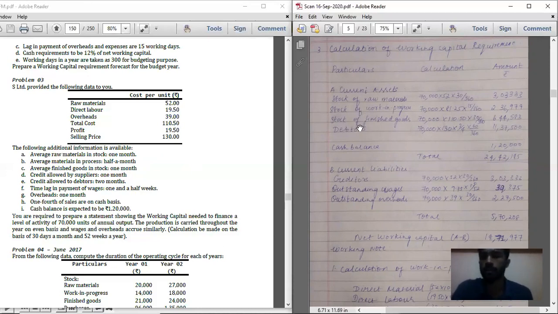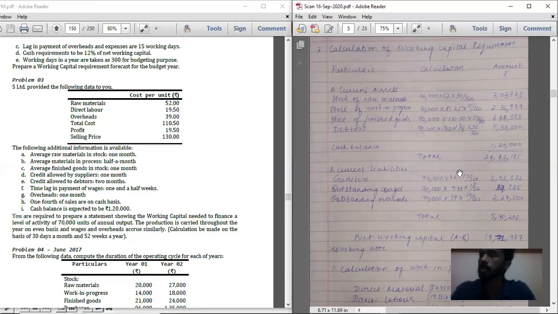In the calculation column, put 70,000 into 110.5, that is the finished goods cost, into 1 month, so 30 divided by 360. 70,000 into 110.50 into 30 divided by 360.